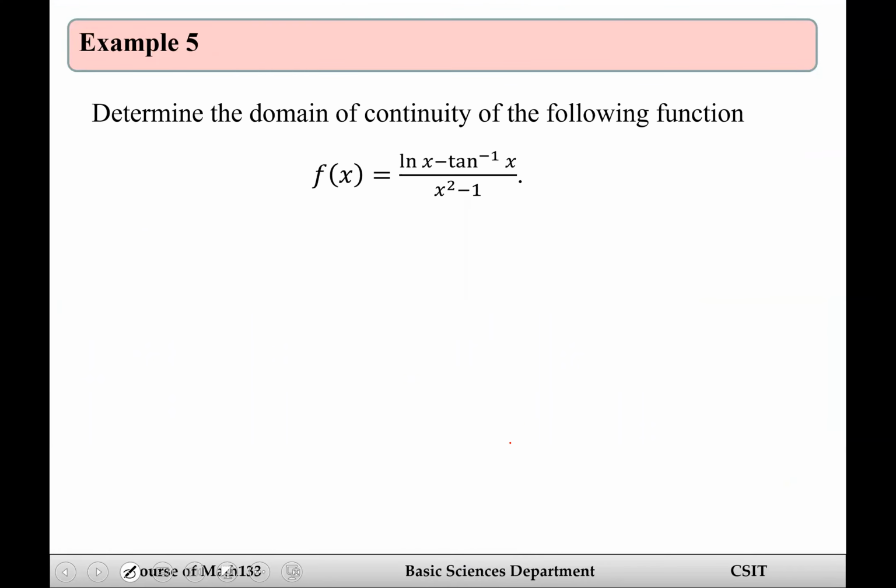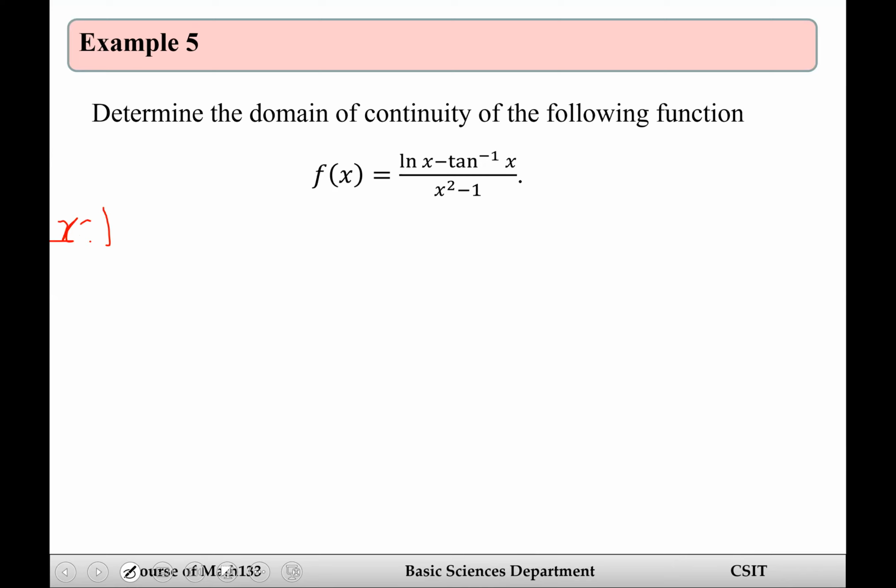We want to find the domain of continuity of the following function. Since we are dealing with basic functions, we will talk about the domain of definition of the function. If you find the domain, then that's the continuity, in fact. So what is the domain of f?